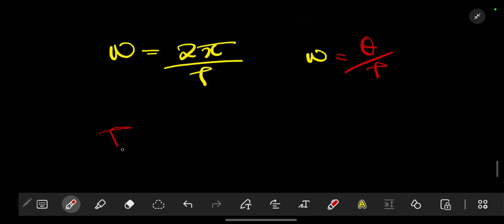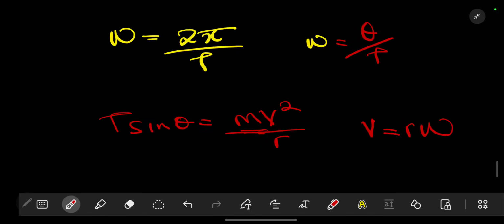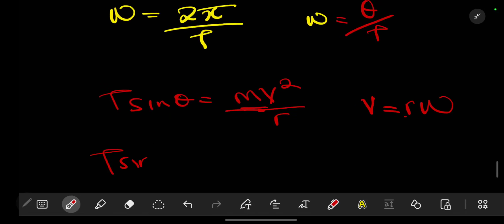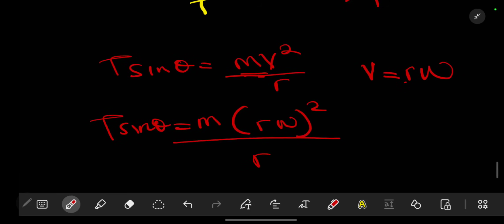So we have T sine of theta equal to mv squared over r, remember. Then v, if you recall, is equal to r times the angular frequency. So we substitute: T sine of theta equals m, and where there is v, we put r omega squared, over our radius.